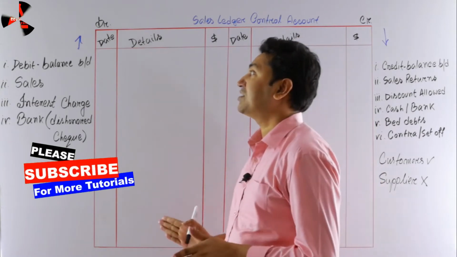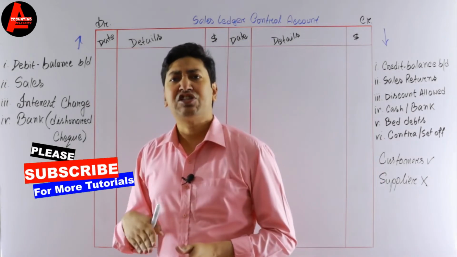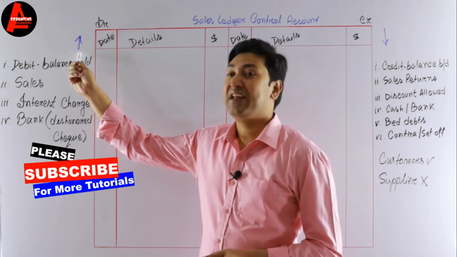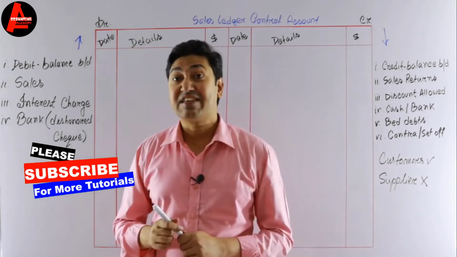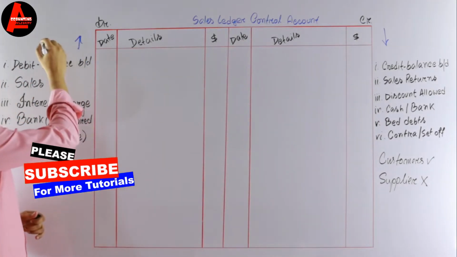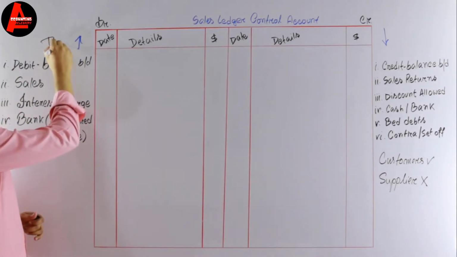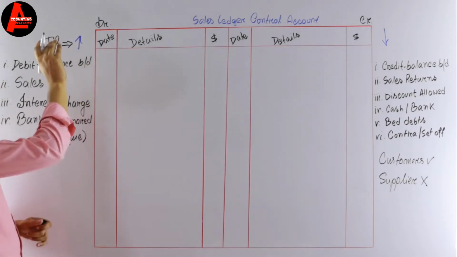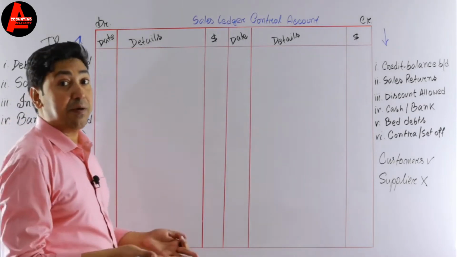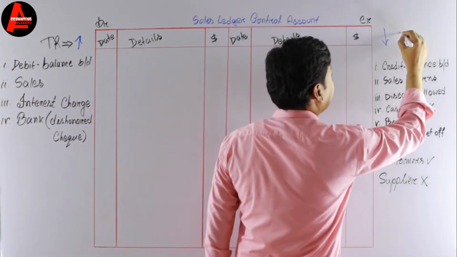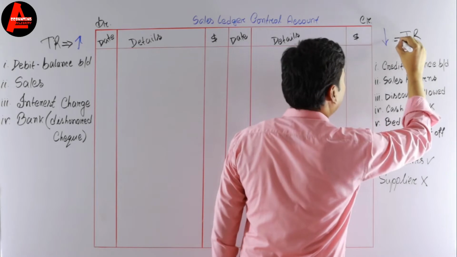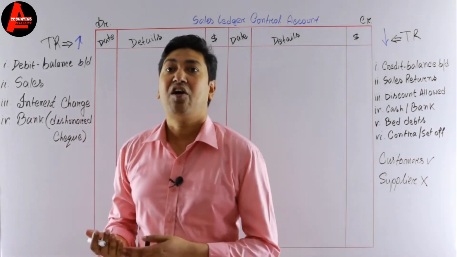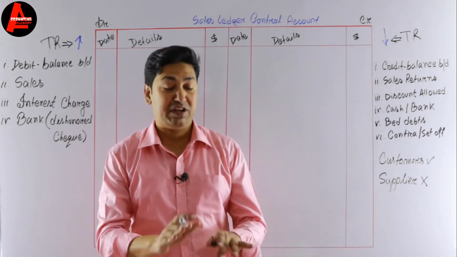So if by making any transaction our trade receivable is increasing, then we have to record it in the debit side. If our trade receivable is decreasing, then we have to record it in the credit side. How it increases and how it decreases, I'll show you with the transactions.